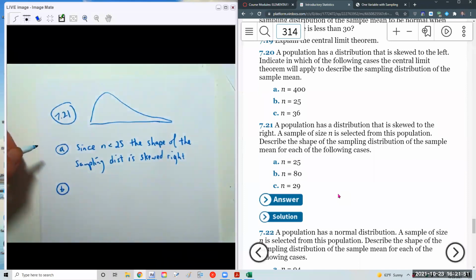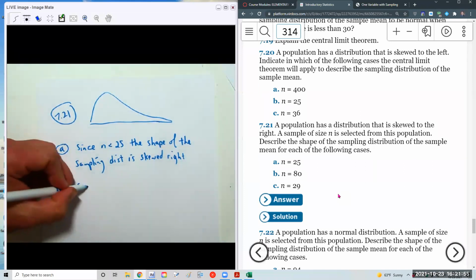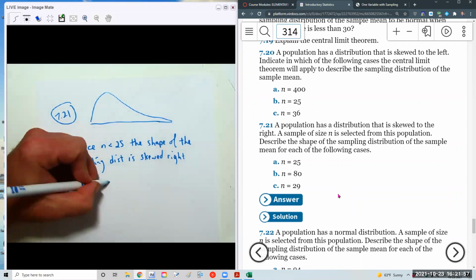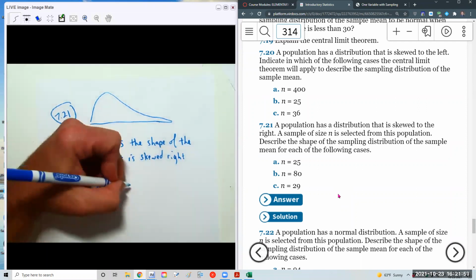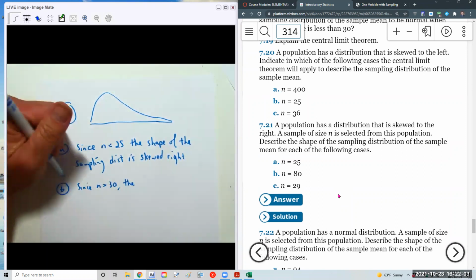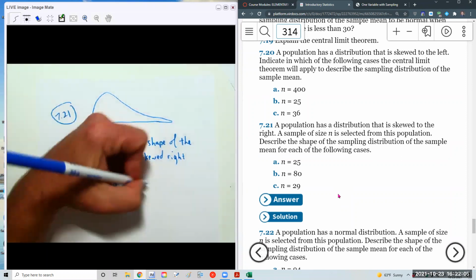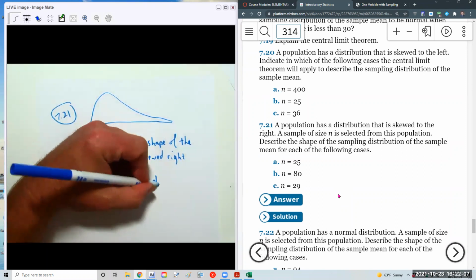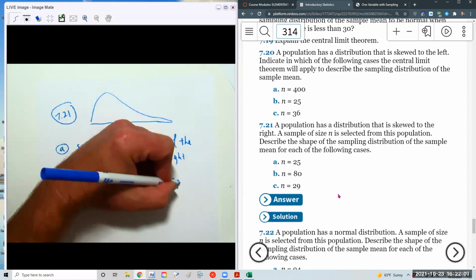And for B, since n is larger than 30, the sampling distribution graph is approximately normal.